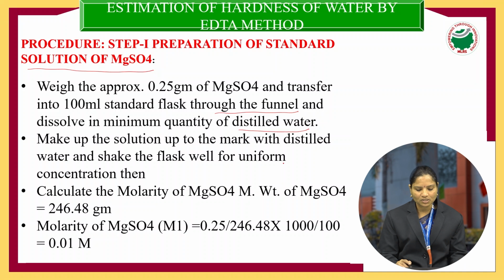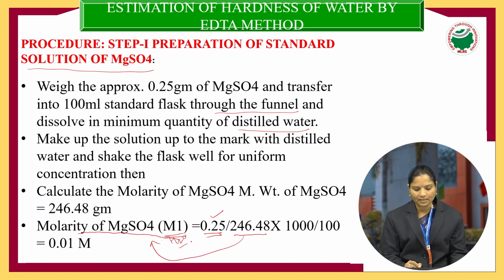Then you have to find out the molarity of MgSO4. So molarity of MgSO4 is equal to M1. M1 is equal to weight by molecular weight times 1000 by volume. So here we have to find out the step 1 molarity of MgSO4, M1. Weight is 0.25 grams of magnesium sulfate, and molecular weight is 246.48, the molecular weight of heptahydrated magnesium sulfate.